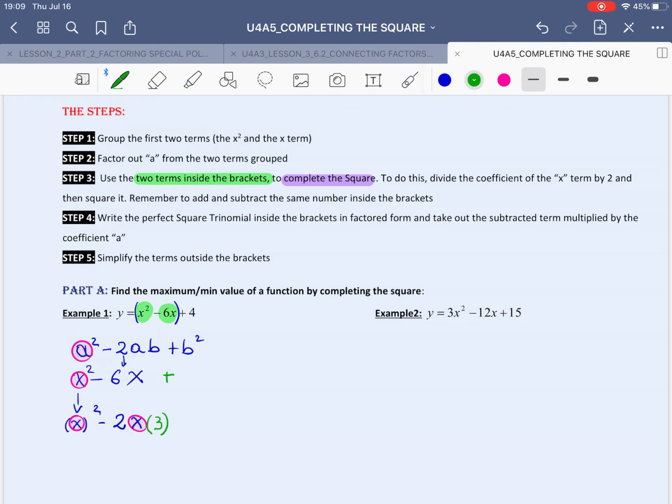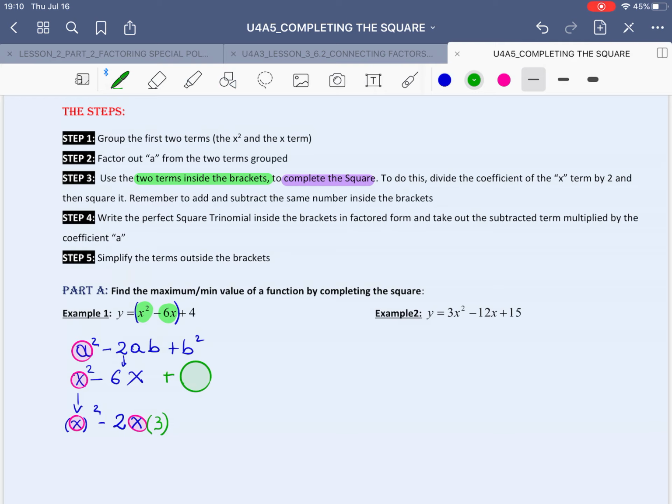So therefore we're going to say that if I have x squared minus 6x, and if I wanted to add a term in here to make it a perfect square trinomial, because as I mentioned again, this is part of our perfect square trinomial, we are completing the square, which means we're missing a term in here that we want to add.